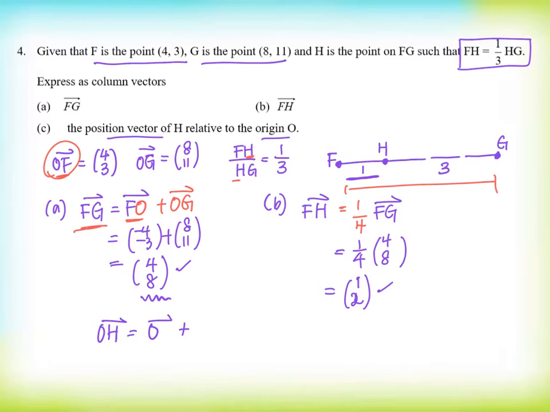And H links to the letter F. So I can travel from O to F and then from F to the point H. So OF is given to be 4, 3 and FH was found to be 1, 2. Therefore, OH will be 5, 5. Have you gotten the answer?